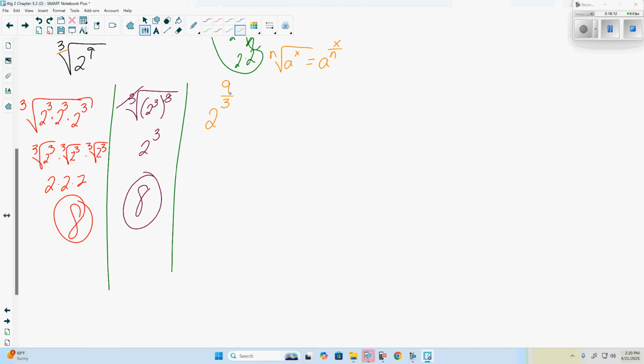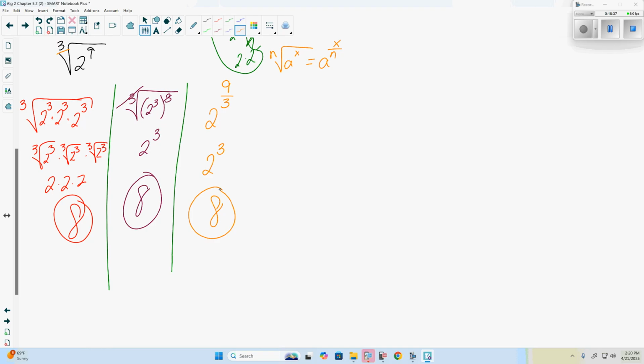So the cubed root of 2 to the 9th is the same as 2 to the 9/3. Well, 9 divided by 3 is what? 3. 2 to the 3rd is 8. So it's really all about how we're simplifying these perfect nth powers with the root. But again, you don't have to do all 3.